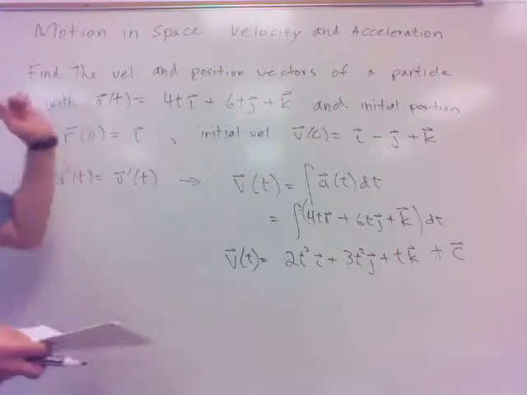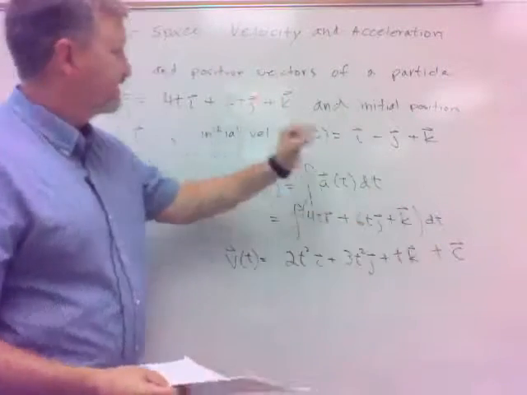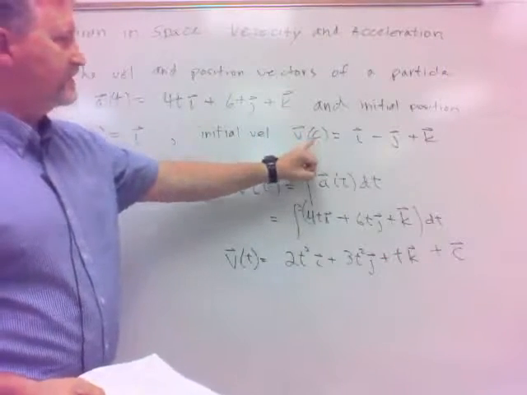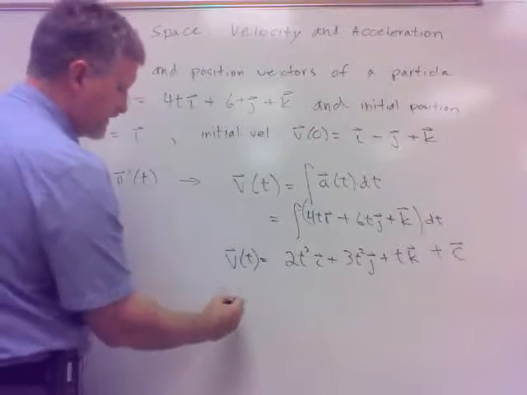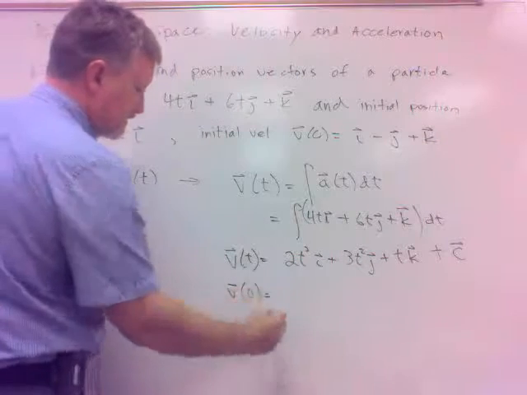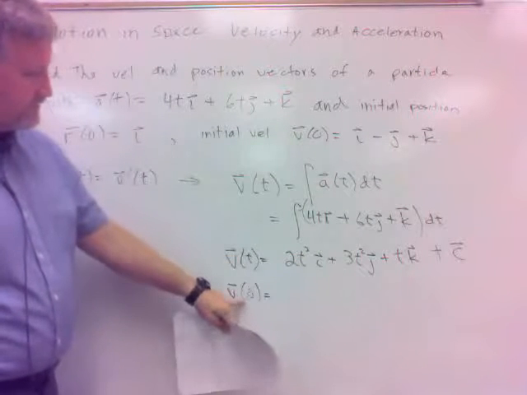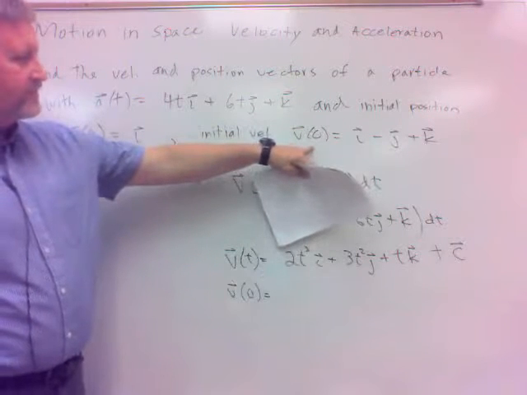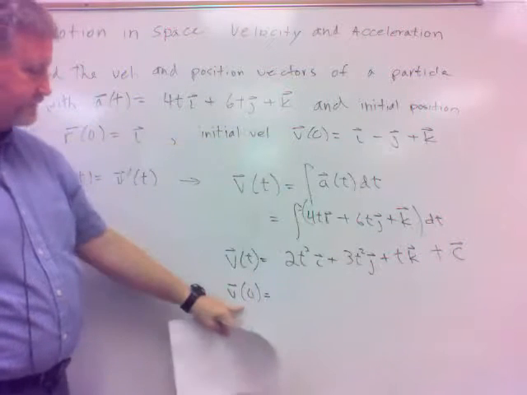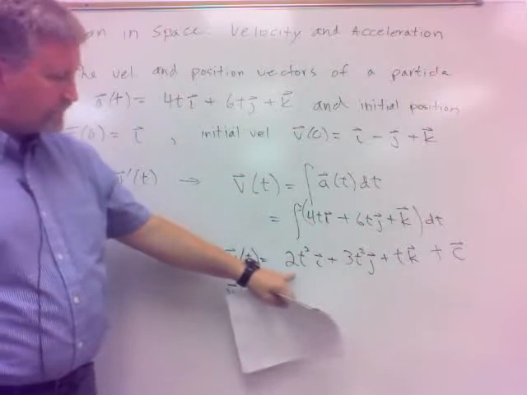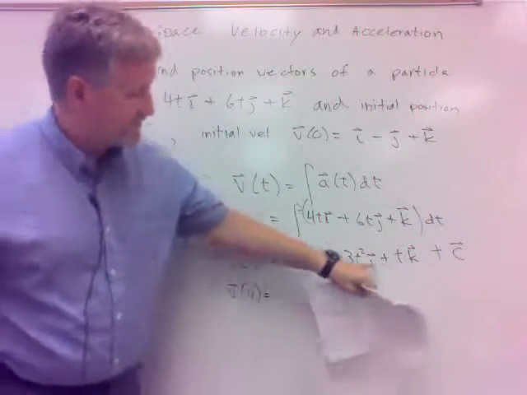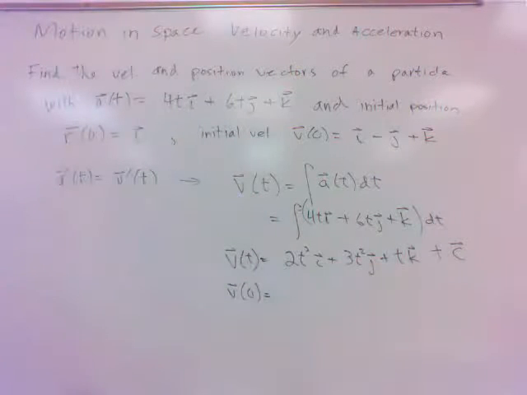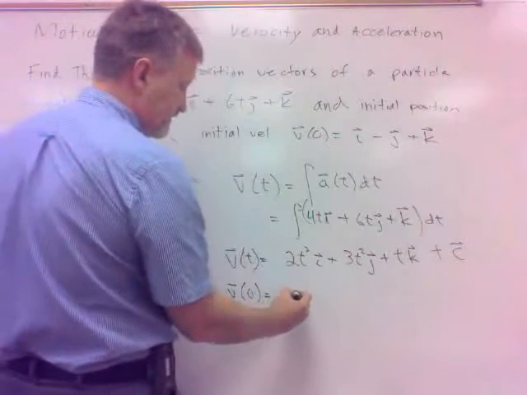Now, we can figure out the constant vector because we know the initial velocity vector is i minus j plus k. If we plug in 0 for time t, which is what we mean by initial velocity, that makes the t terms 0. So plugging in 0 gives us just the constant vector, nothing else added to it.